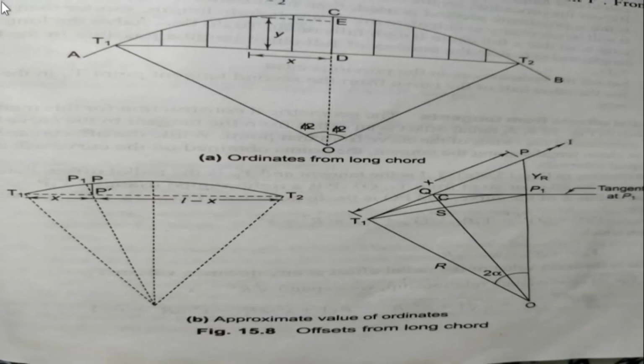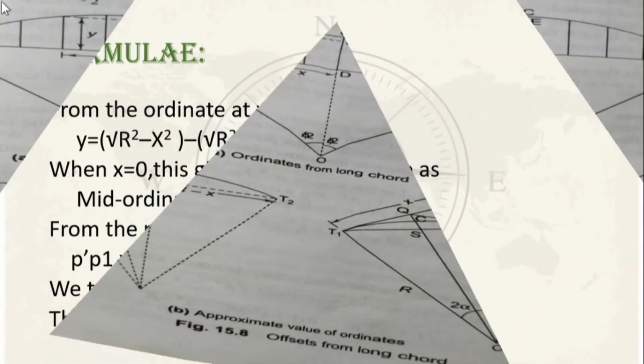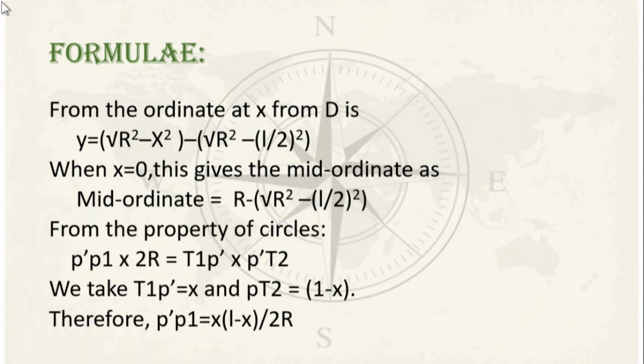And now we will be going through the formulas. Here you see three diagrams. One is the ordinate from long chord and another one is the approximate value of ordinates. These three diagrams are basically used to derive the formulas for the offset from long chord method, and we'll see the formulas here.